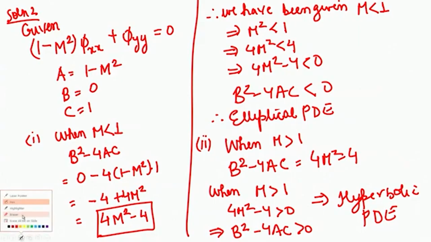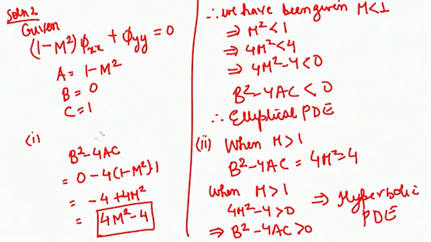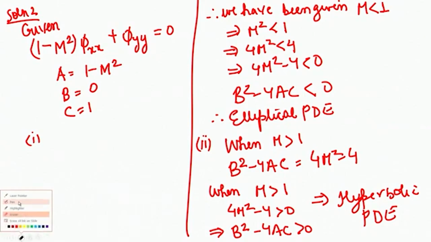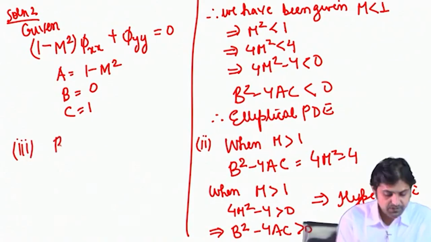Okay, now the third part is b square minus 4ac when m is equal to 1.